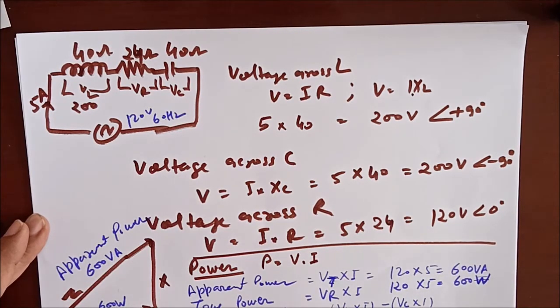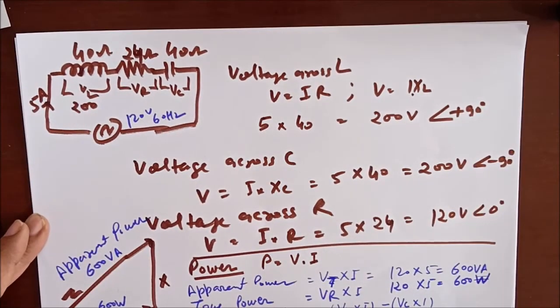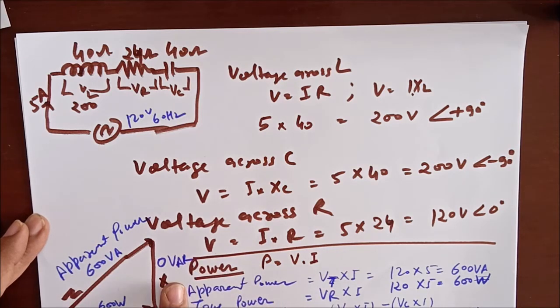I don't think we need to do the calculation because they are the same value, 180 degrees out of phase. So this is naturally 0. But this is VAR. So this is 0 VAR, and this is the reactance value.